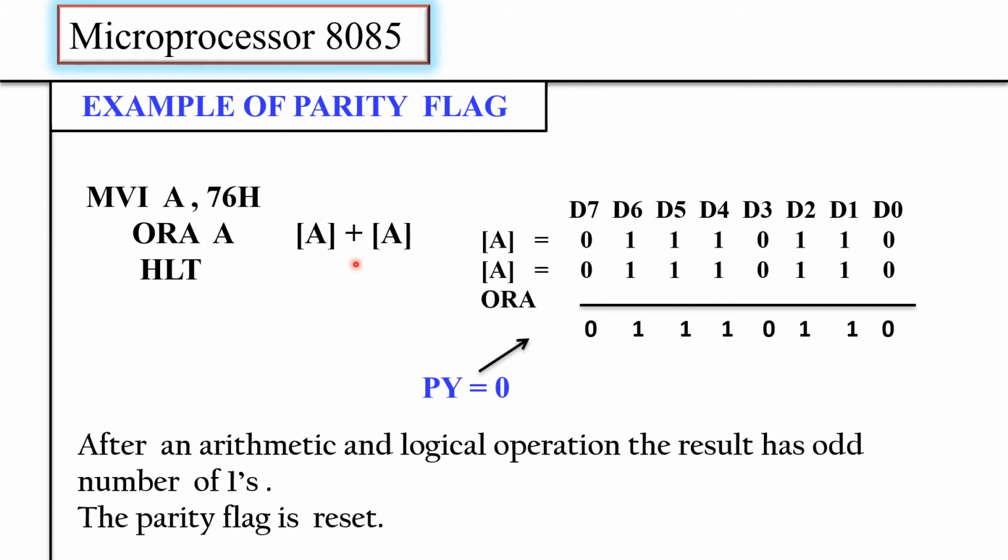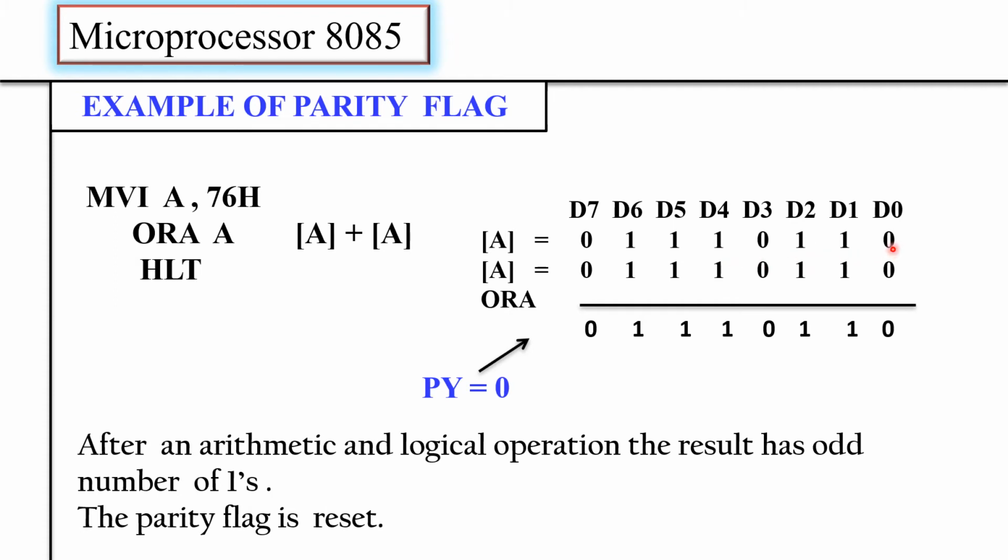So ORA is logical OR of A with A, and then HLT, that is the end of the program. Let us see how it is going to do ORA. Now here the accumulator contains 76. Converting into binary, 7 is 0111 and 6 is 0110.